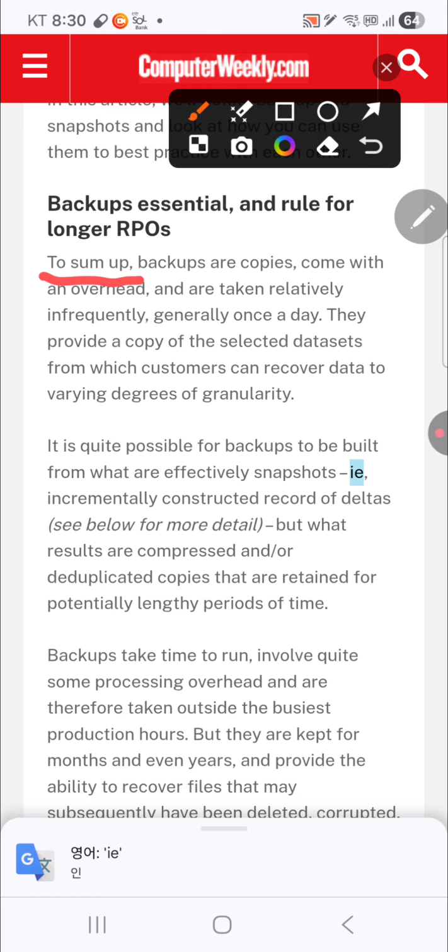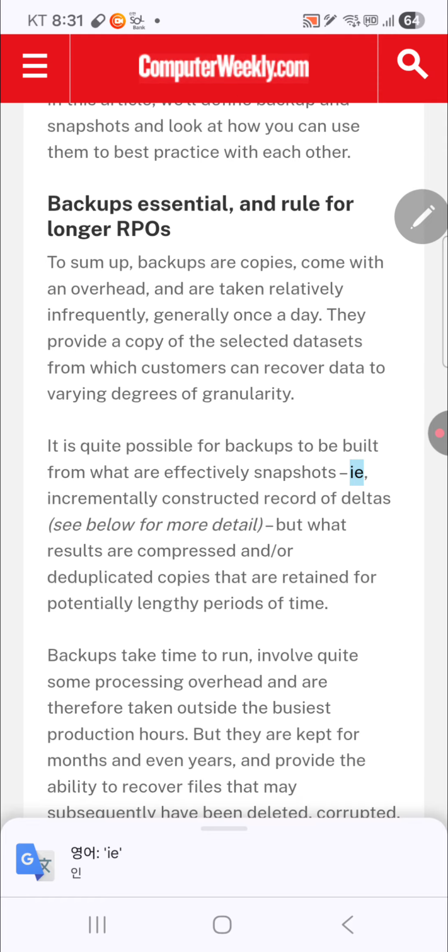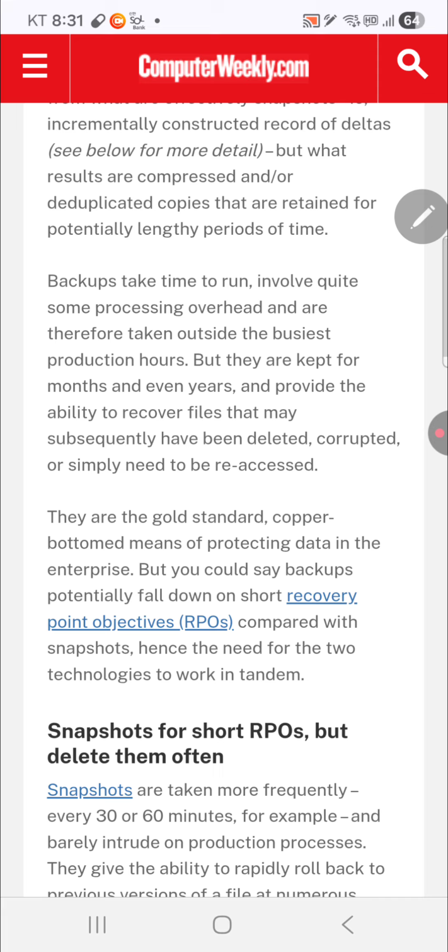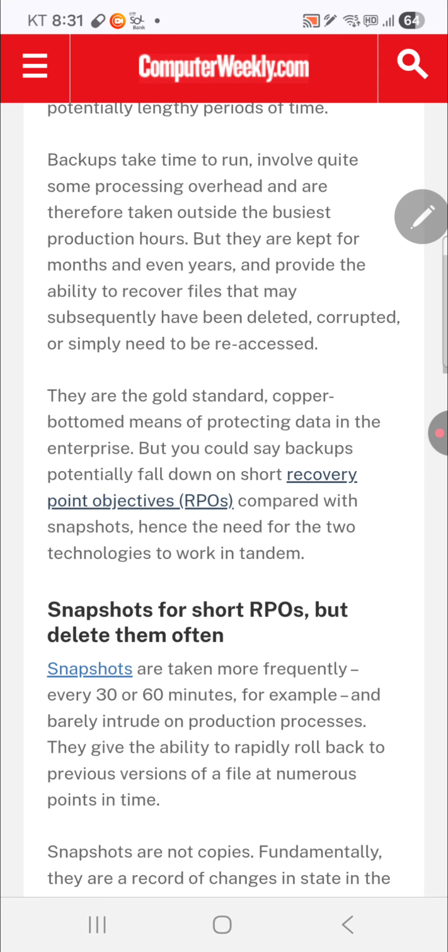Backups take time to run, involve quite some processing overhead, and are therefore taken outside the busiest production hours. But they are kept for months and even years and provide the ability to recover files that may subsequently have been deleted, corrupted, or simply need to be re-accessed.